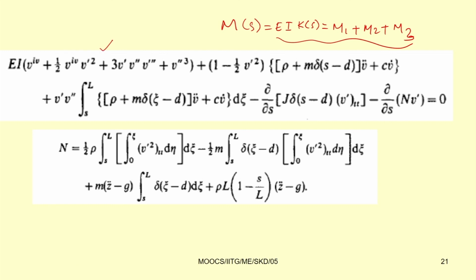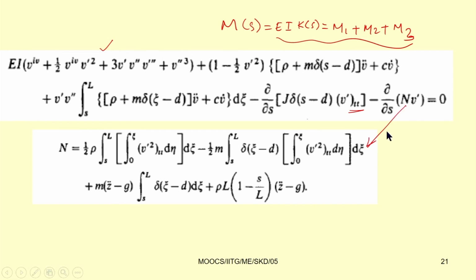So, this equation becomes EI del fourth v by del s fourth plus half del fourth w by del s fourth, plus 3 into v dash into v double dash into v triple dash plus v double dash cube, plus 1 minus half v dash square into rho plus m delta s minus d into v double dot plus c v dot, plus v dash into v double dash integration s to L rho plus m delta zeta minus d v double dot plus c v dot d zeta, minus del by del s into j delta s minus d v dash tt, where tt means twice differentiation with respect to time, minus del by del s into n into v dash equal to 0, where this n term is written here.